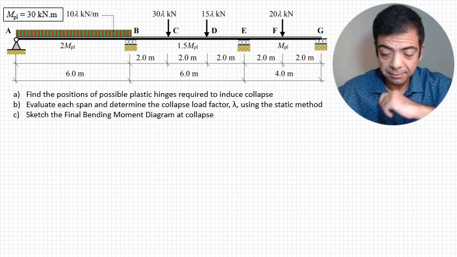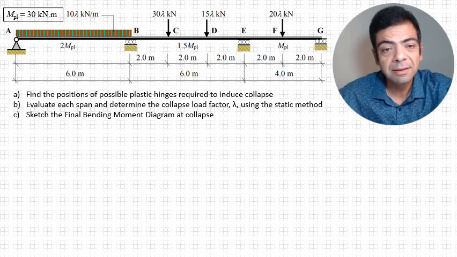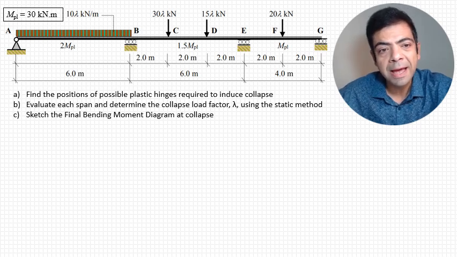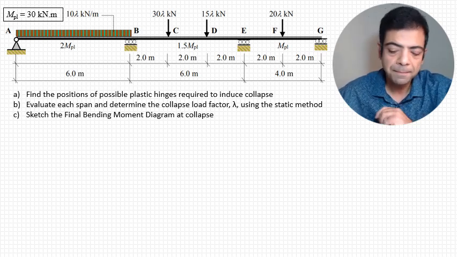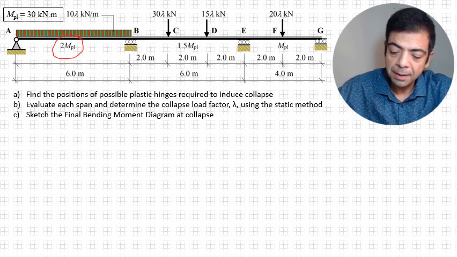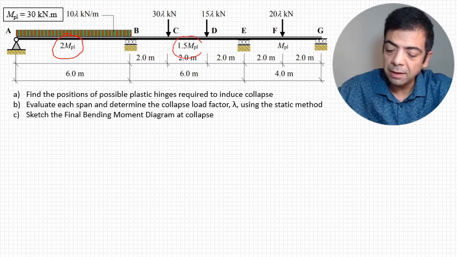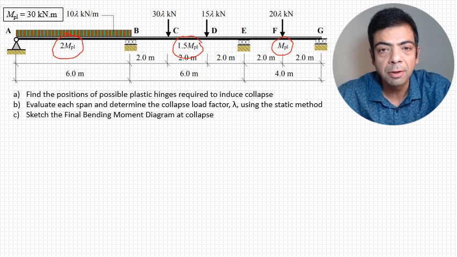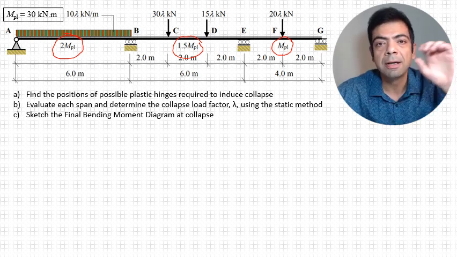We have three spans. Each span has different loading, and I want you to pay very close attention. Each span has different M plastic, and I talked about this before. So each span has its own strength.